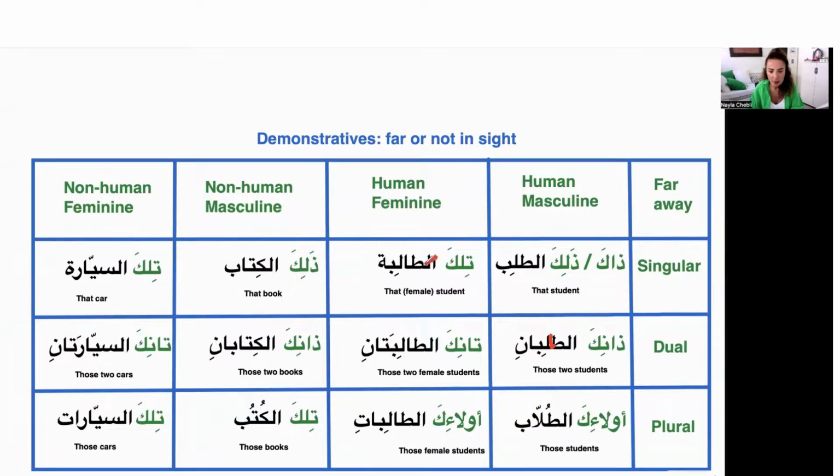It's by removing the L. If I want to change this to that is a student, I would remove the L. It would become تلك طالبة. ذلك كتاب would be that is a book. تلك سيارة would be that is a car. Okay? Hope it's all clear now.